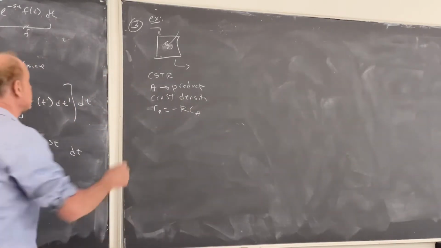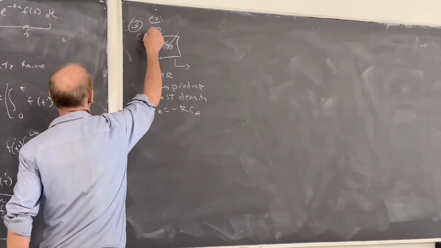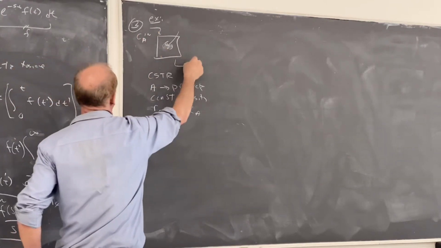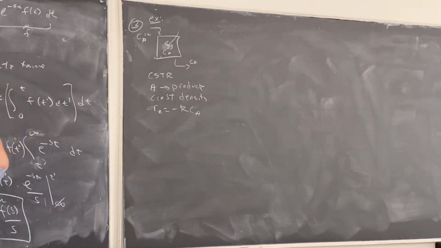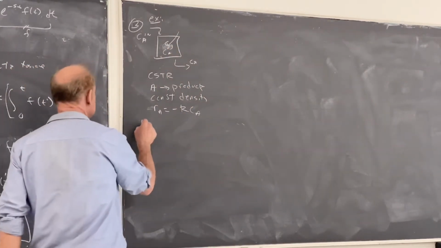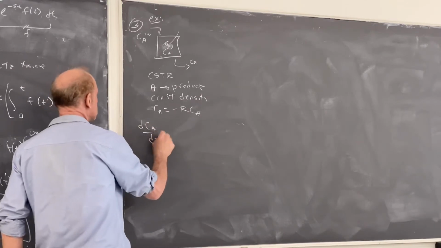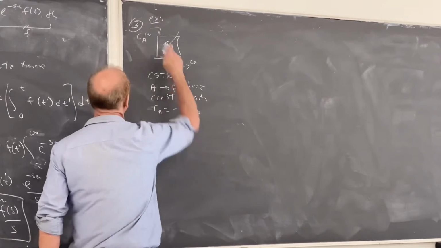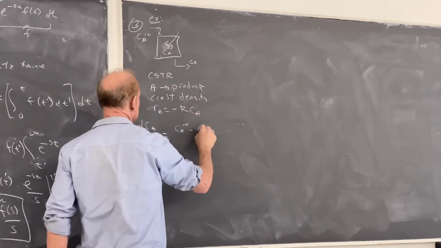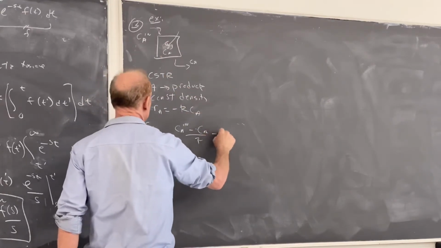I've got to feed CA in, and of course here I have CA coming out. So we wrote our governing equation as dCA dt is equal to CA in, that's coming in, minus CA over tau minus k CA.